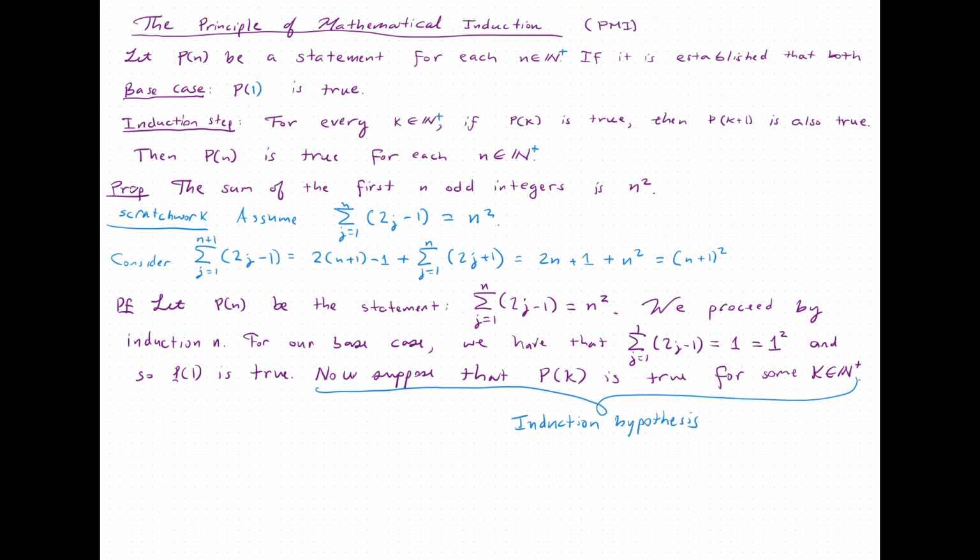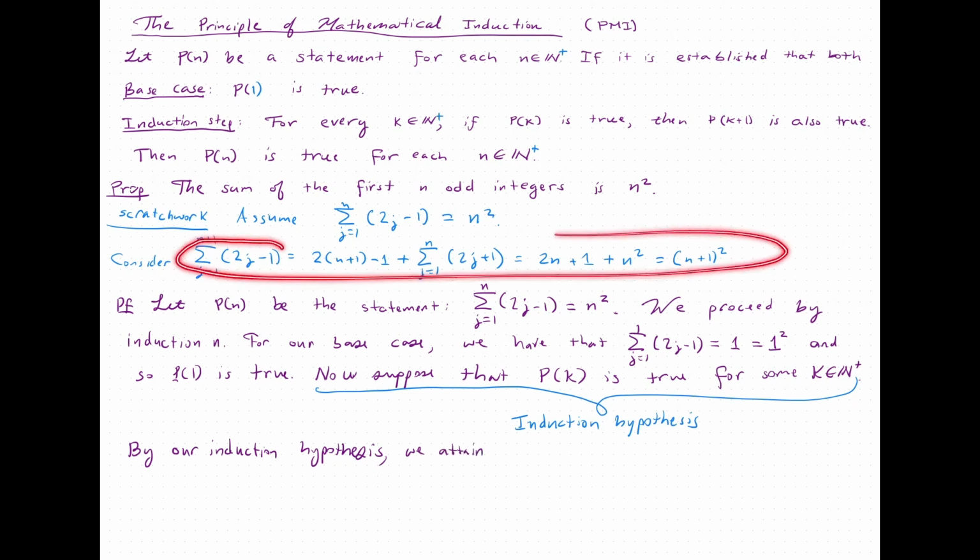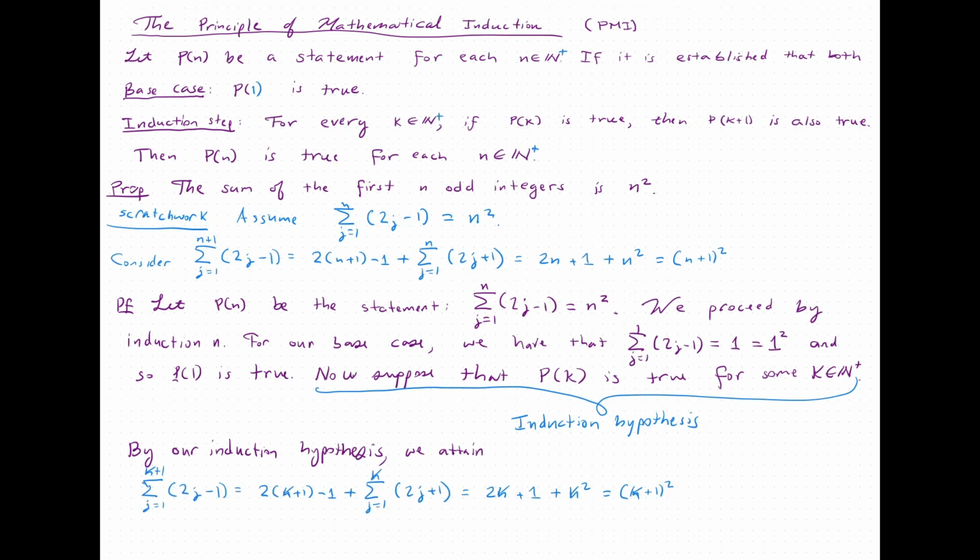And so now we can go ahead by our hypothesis we attain, and now I'm going to copy what we just wrote down in our scratch work. So here is what we did for our scratch work.